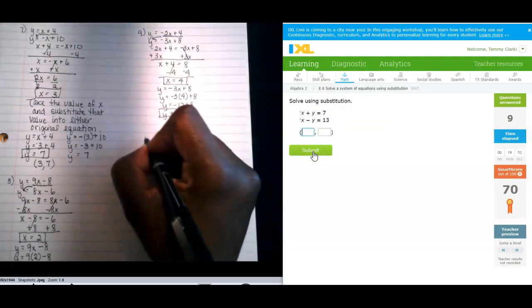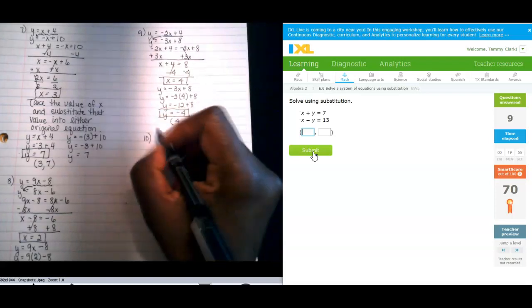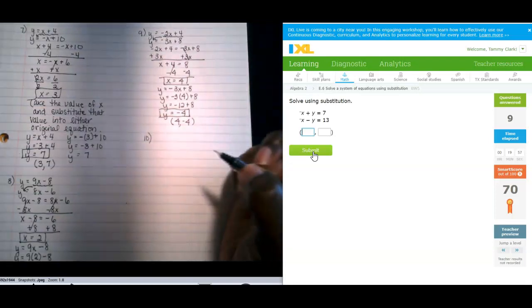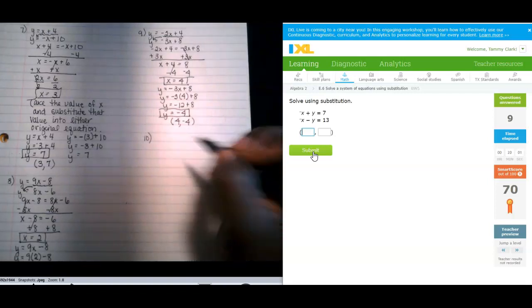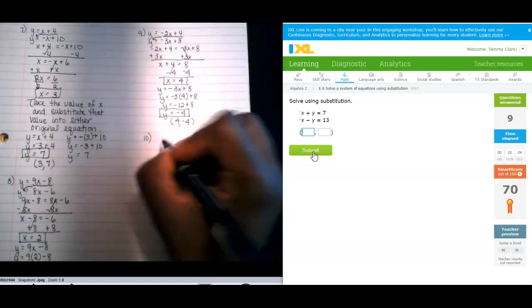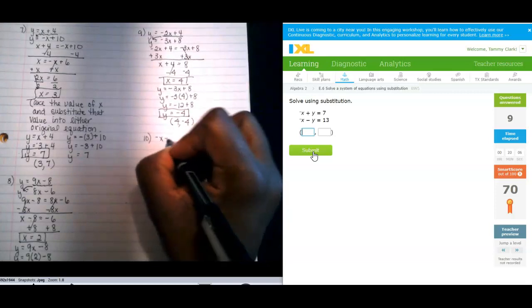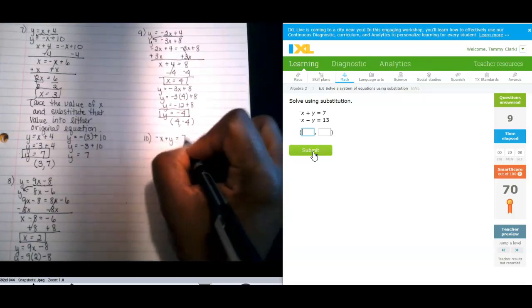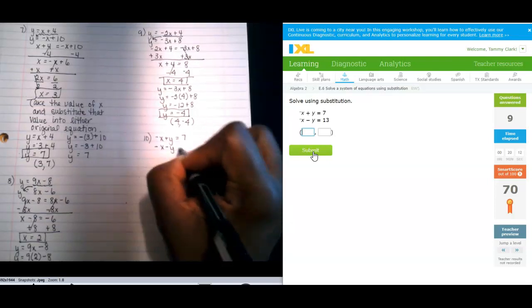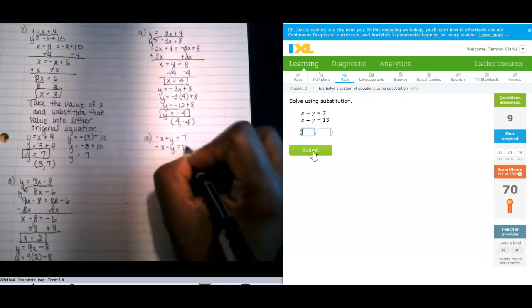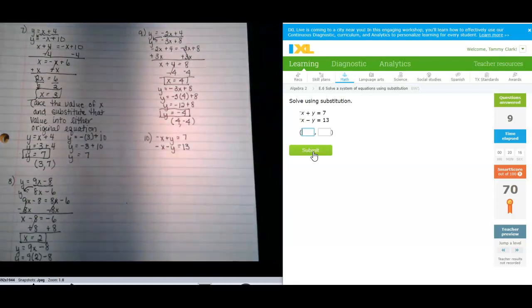Then we've got 10. This time, this equation is in standard form on both lines. So when you have standard form for both lines, if you remember at the beginning, I told you that substitution is best used when you have a single or an isolated variable.